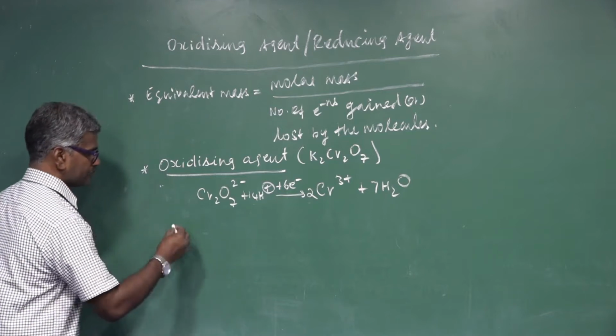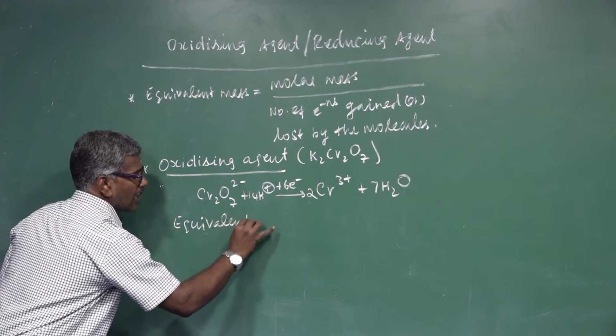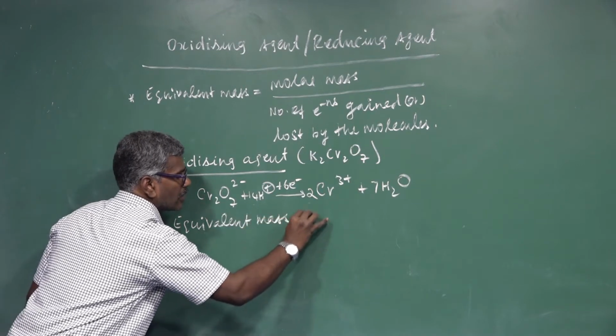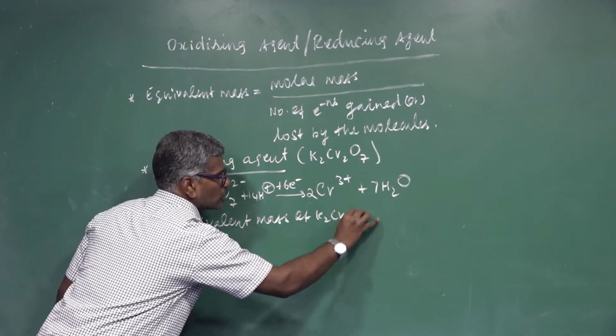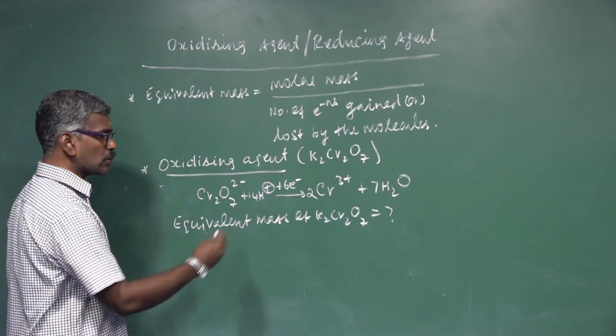What is the formula? Equivalent mass of K2Cr2O7. First find out molar mass of K2Cr2O7.